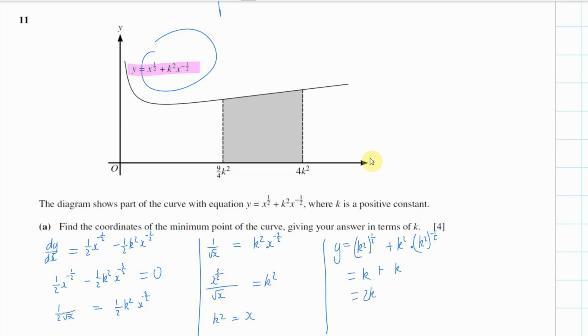So hopefully you can see how I got that. Let me just back up the truck a bit. This bit here, 1/2 times 2, gives us a k. This bit here, k squared to the power of negative 1/2, that's k to the negative 1. And k squared times k to the negative 1 is k to the 1, which is k, and that's how I get that. So the coordinates are therefore k squared, comma, 2k.